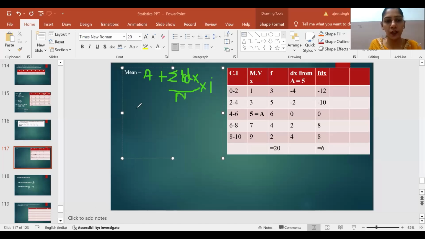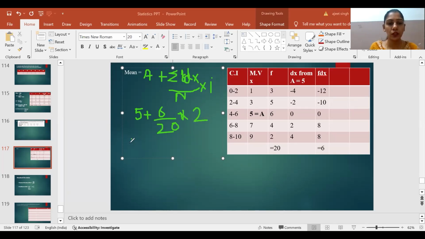The assumed mean is 5, plus the sum of f dx is 6, the value of n is 20, and the class interval is 2. Okay, so these are all the values.